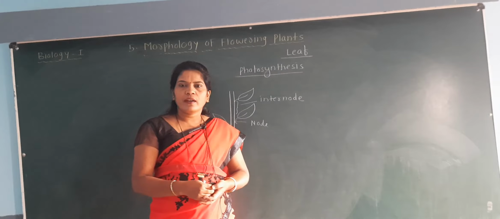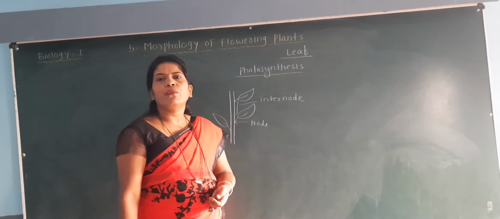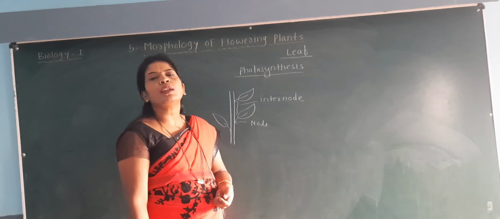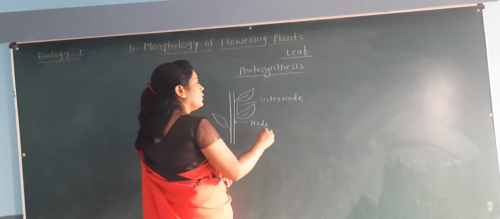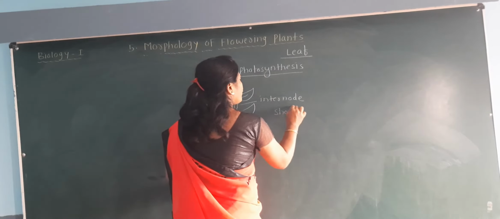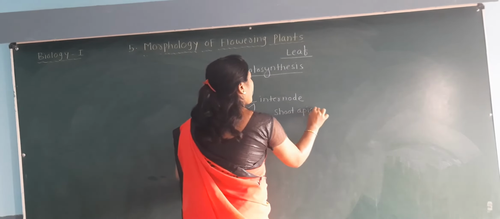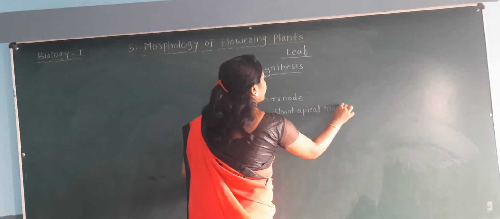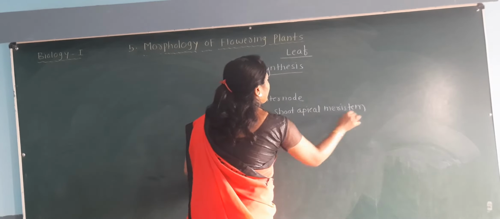This leaf is developed from the shoot apical meristem.